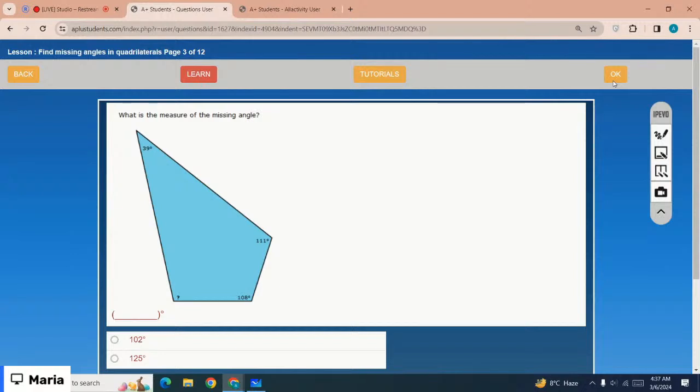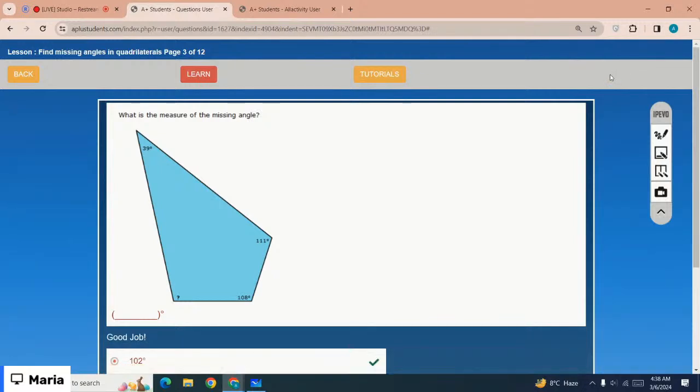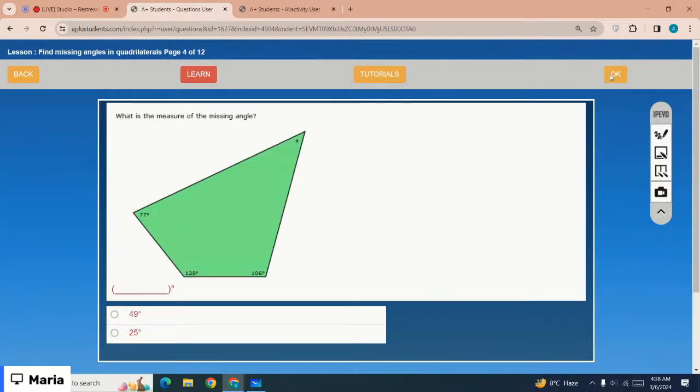That is 258, and 360 minus 258 is 102. Option number 1 is the correct option, not 125. That is 102. You can do the calculations. Please do not guess the answers. That is 102.